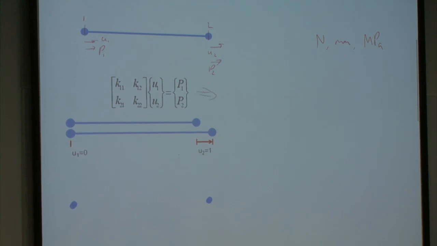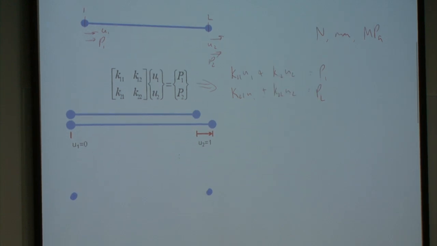With whatever matrix knowledge you've got, this equation means K11U1 plus K12U2 equals P1, and K21U1 plus K22U2 equals P2. So this matrix equation is a set of simultaneous equations that I've just described on the right.